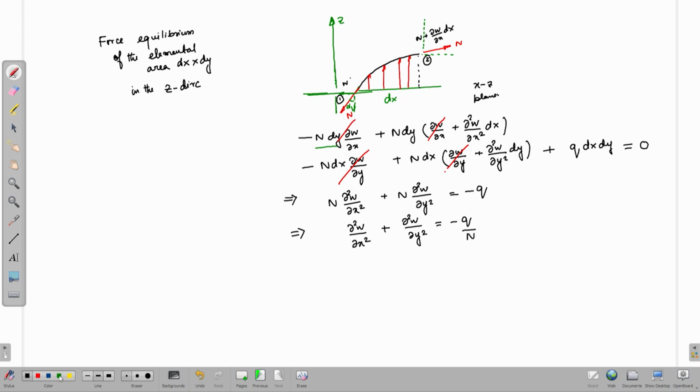Now, let us note down this equation and let us remember the equation of the Prandtl stress function. So, if we remember the equation of the Prandtl stress function, it is of this form.